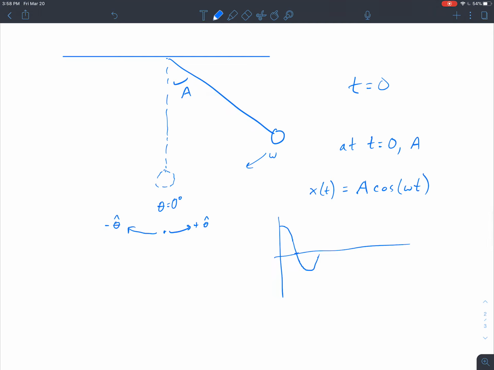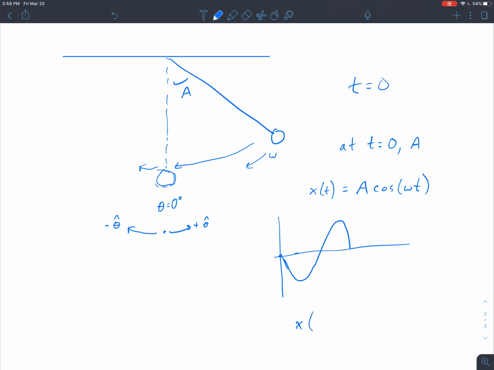If we started the clock at, let's say it comes down here, and we start our clock as it goes through the equilibrium, well, it would just be the graph shifted. So at time 0, it'd still be going negative, so the slope would still be downwards, and then it would turn back positive, and then boom.